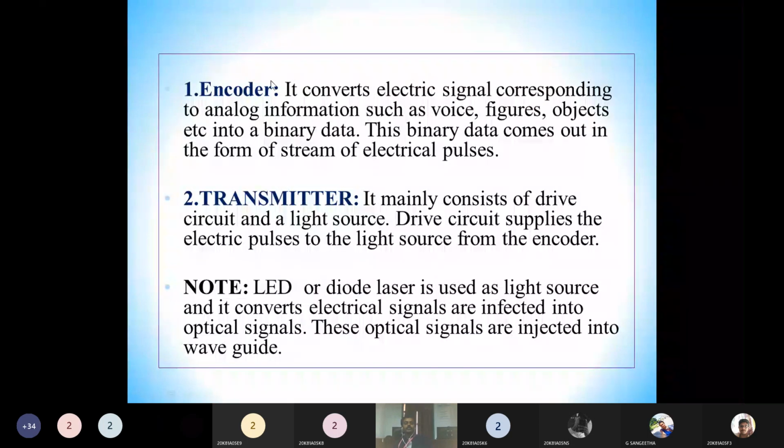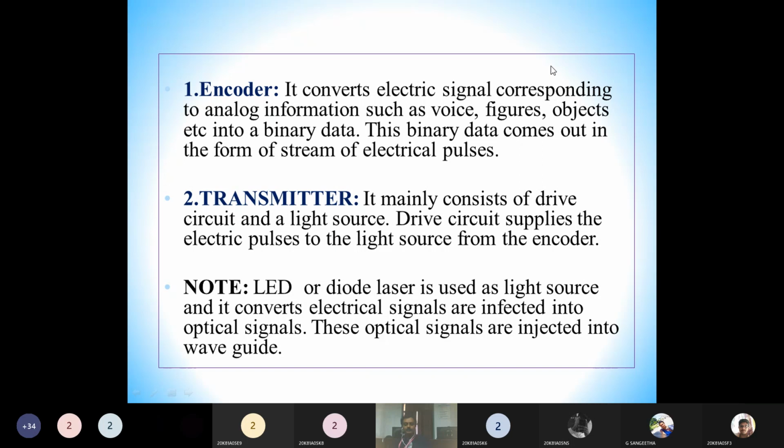First, the encoder. What is the use of the encoder? It converts the electrical signal corresponding to analog information such as voice, figures, objects, etc., into binary data. Whatever we want to transmit, whether voice signals, figures, objects or videos, we first have to convert into binary data.